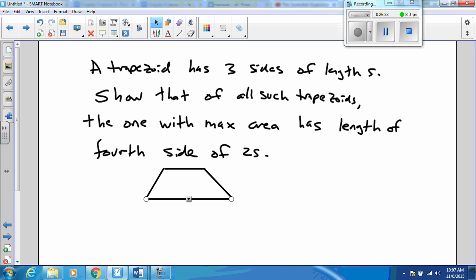It's hard for me to get my trapezoid in over here. That's pretty good.